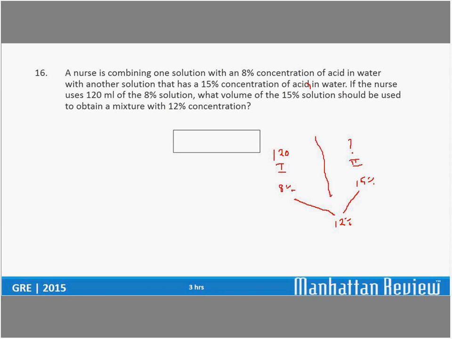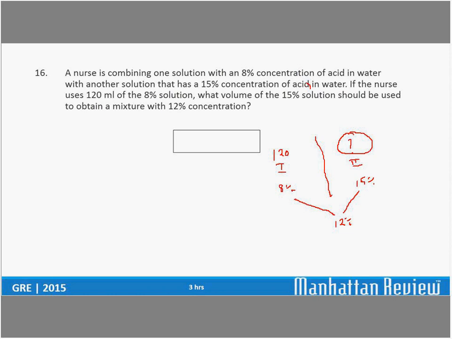Just as she took solution one, which has 8% acid, 120 ml, similarly the solution with 15% acid, she also has to take some volume. By picking what volume and mixing them both together will you get the resultant solution with 12% acid in it? That is the question.